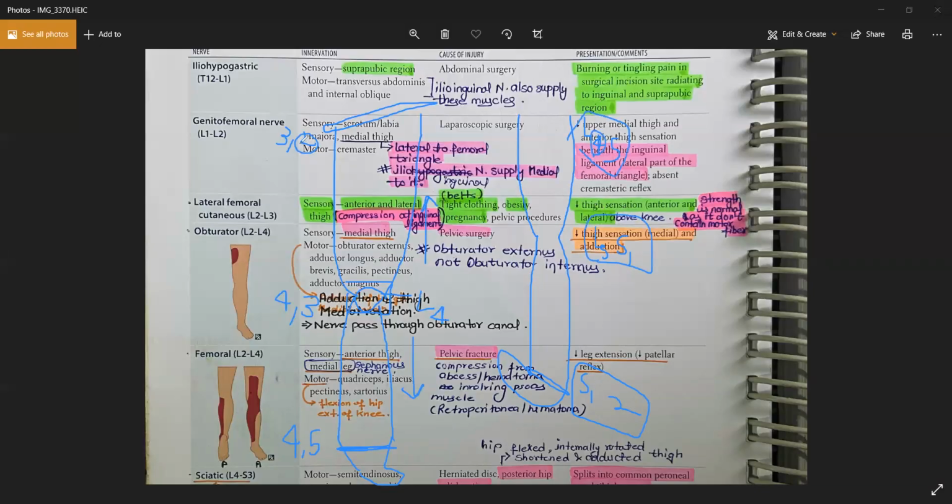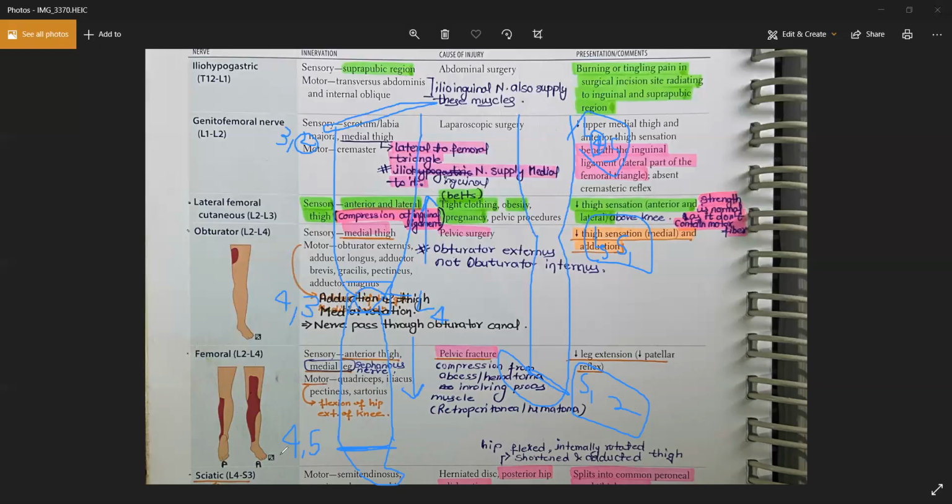For the anterior it will be 2, 3, 3, 4, and 4, 5. That would make it very easy to remember every reflex, the knee jerk reflex or the Achilles tendon reflex. Any doubt up to here?